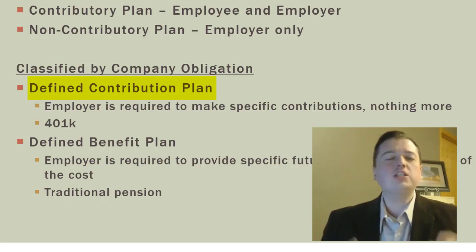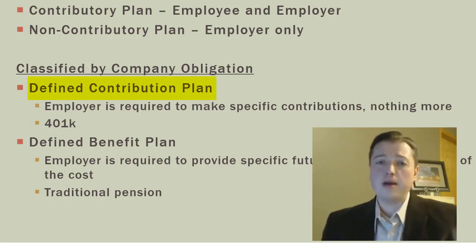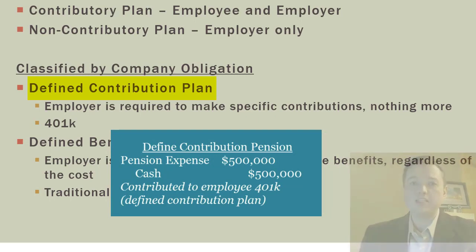They also like it because the accounting is really, really simple in a defined contribution plan. Because I've just promised to put a specific amount in and save for you, my journal entry is simply a debit to pension expense and a credit to cash for however much I've promised to put in. And that's all there is to it. I have no other obligation, so there's no liability. I have no other commitments now, so there's no more cash going out.